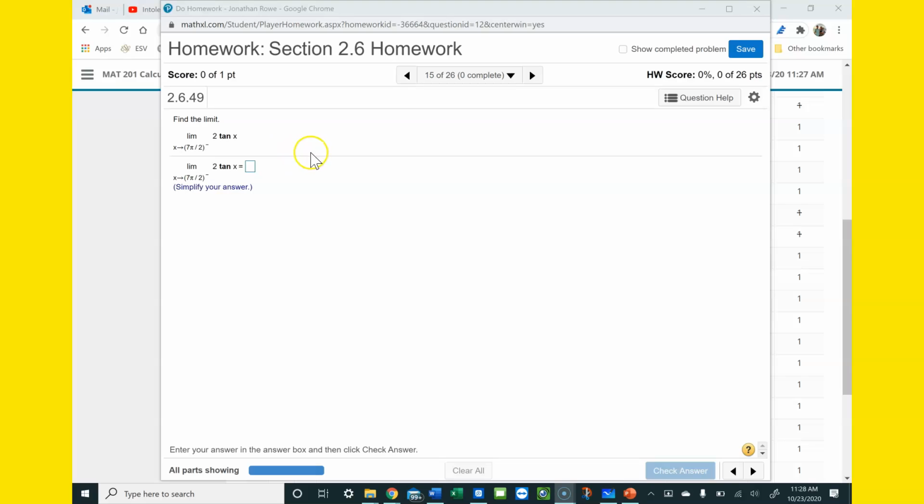Make sure you're in radian mode, and then it's going to draw the graph, and the dashes are going to be pi over 2, pi, 3 pi over 2, 2 pi. So you can look at 7 pi over 2 just a little bit to the left of it and see where that graph is going. Is it going up to positive infinity or down to negative infinity? And you could tell what the answer would be graphically.